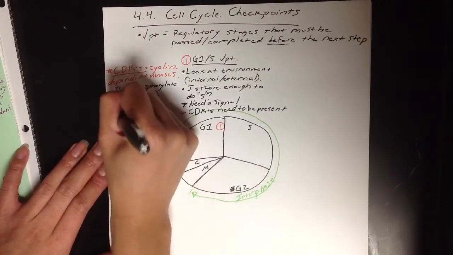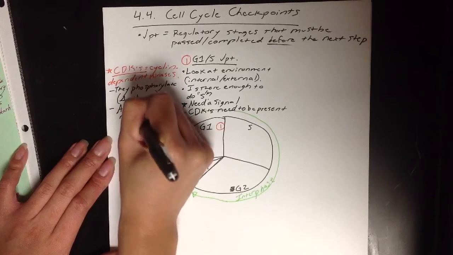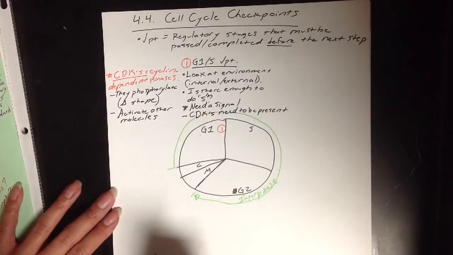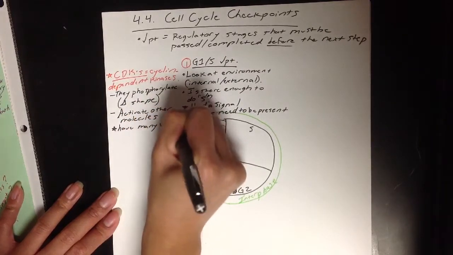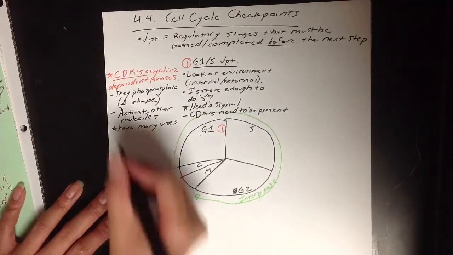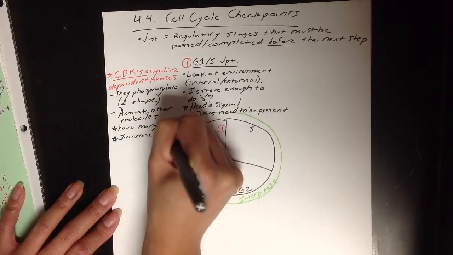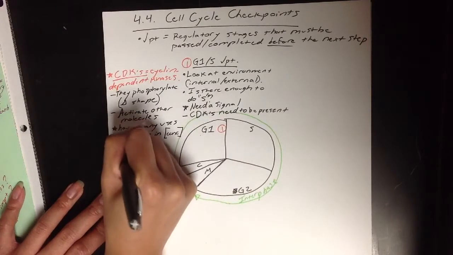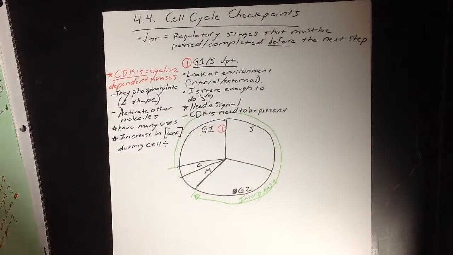And when they change that shape, they'll actually activate other molecules. And just something to keep in mind, the CDKs actually have many uses besides just acting as the signal or go-between for the G1 and S phase. And they will increase in concentration during cell division.